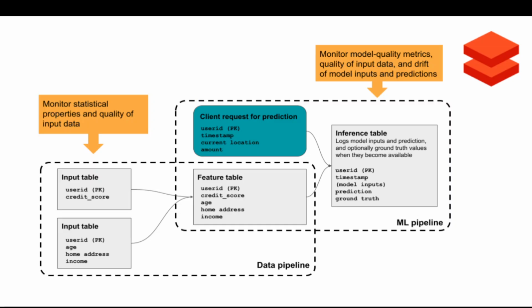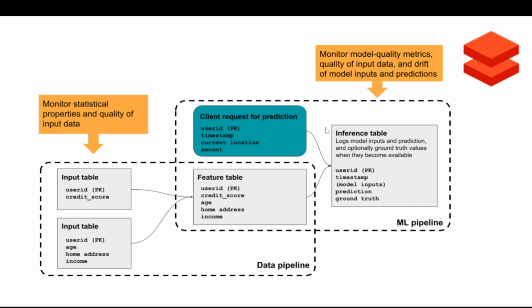Now, I have shown this diagram earlier as well. Until now we were working on the data pipeline, monitoring the statistical properties of the data pipelines, but now we are going to check how to do that for an ML pipeline. This is the feature table that is used as an input to the model. You create a model, use the feature table as input, and make predictions, and those predictions are stored in your inference table.